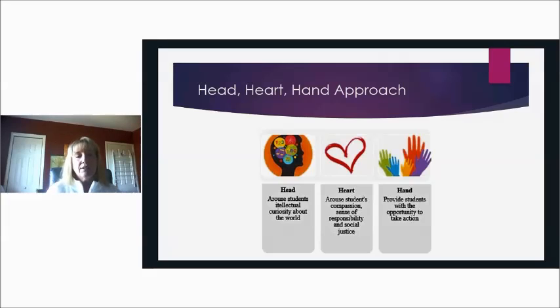That's the head part. Then the heart part is to start to get them to look at things through a compassionate eye and with regard to their sense of responsibility and social justice, and get them thinking about those things. That's the heart part. And then in the hand part, it's providing them with opportunities where they can do some action to make a difference. So that's the younger students.